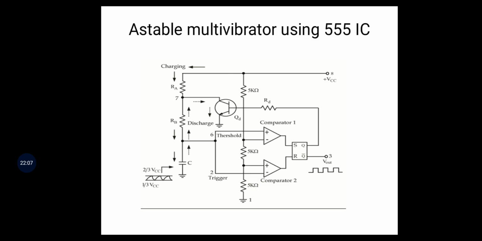While discharging, when it becomes less than 1/3 VCC, comparator 2 output goes high. This resets the flip-flop, hence Q goes low and Q bar goes high. The low Q makes the transistor off.